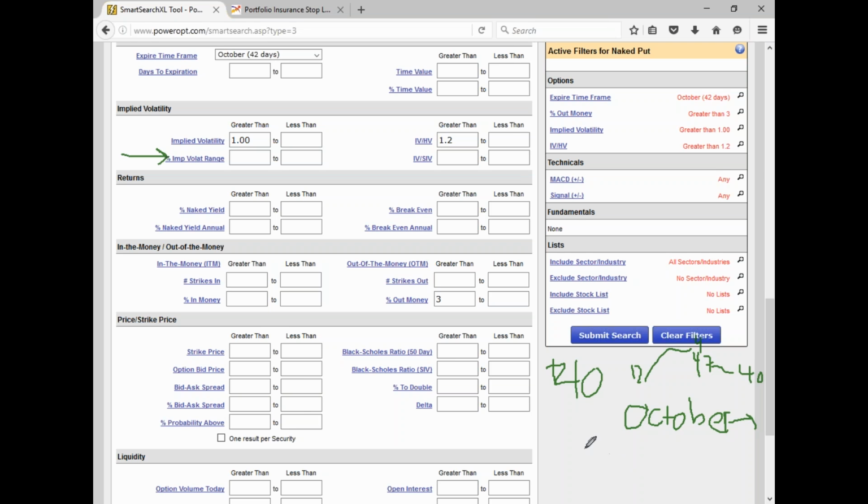All right, so the IV rank or IV percentile, which some services use, what they're looking at is, let's say, the stock's at 40, and I'm looking at selling a 37.5 October put. Well, what they did is look at the IV for the 37.5 strike option over the last 12-month period. And they say, where is your IV of this option now compared to where it has been?